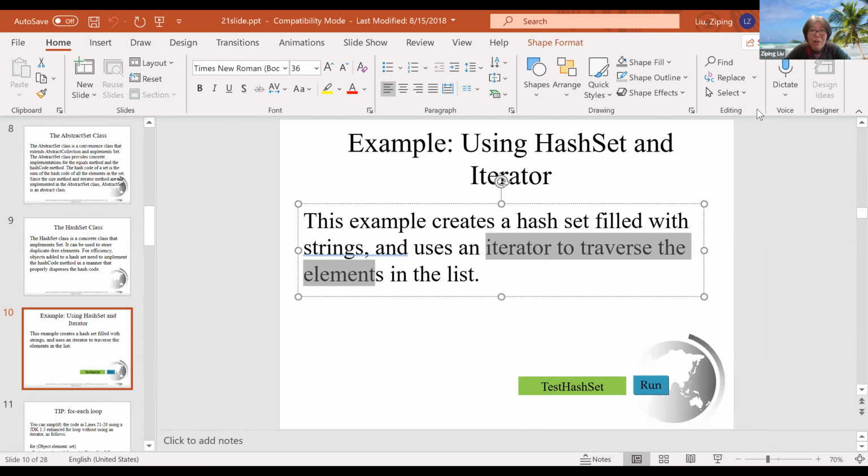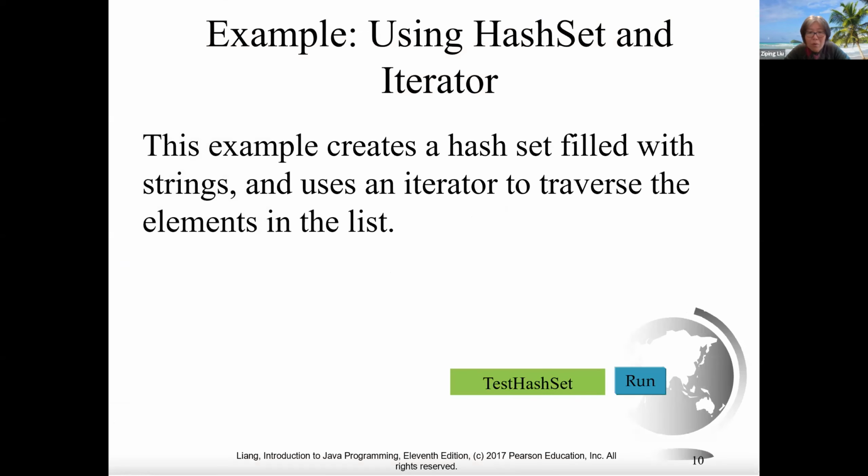In the textbook slides, some slides have this green button, and if you place the slides in show mode, you can view the code. So let's take a look at the example. Let me go to this, and oh, I need to re-share, I believe.